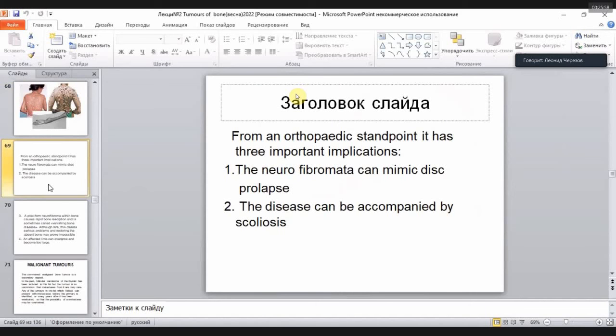From an orthopedic standpoint, it has three important implications.